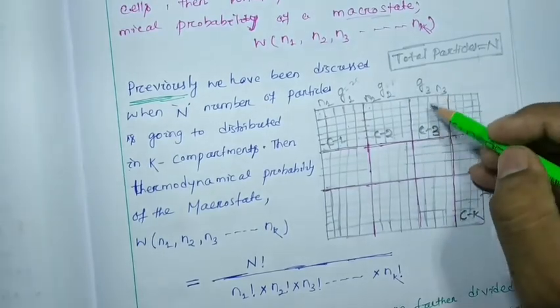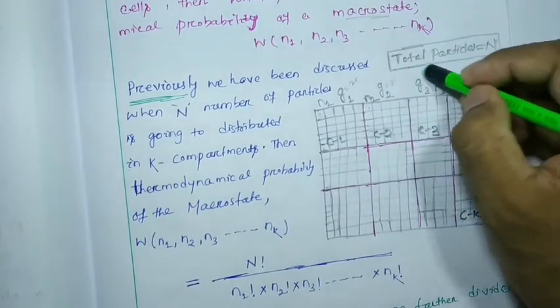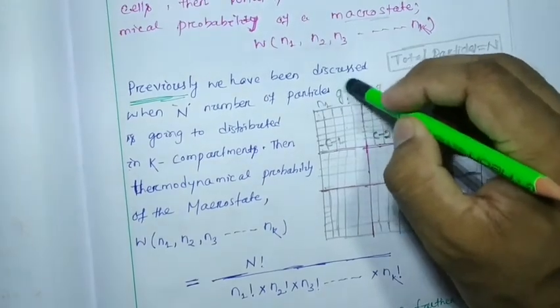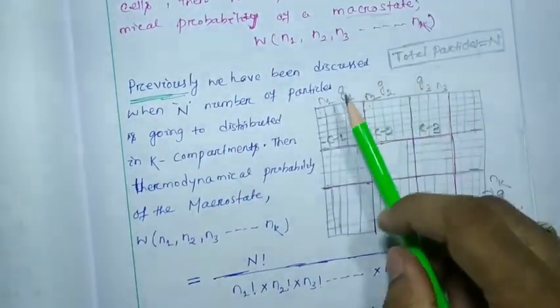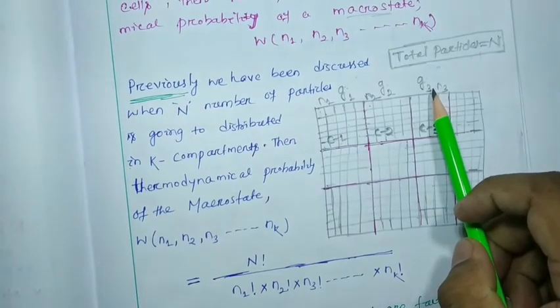C3 compartment is divided into 50 cells, like that. There is no restriction on how you further divide each and every compartment. So G1, G2, G3 may not be equal. Okay, they can be different.